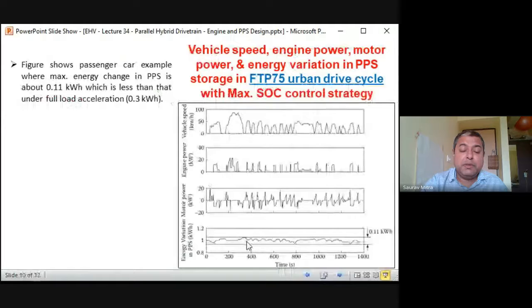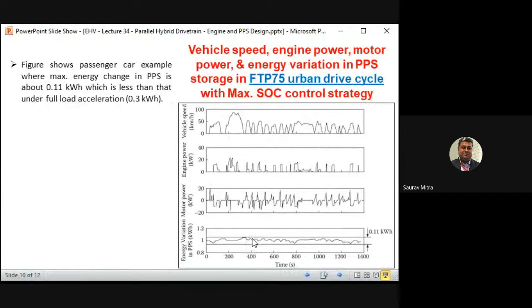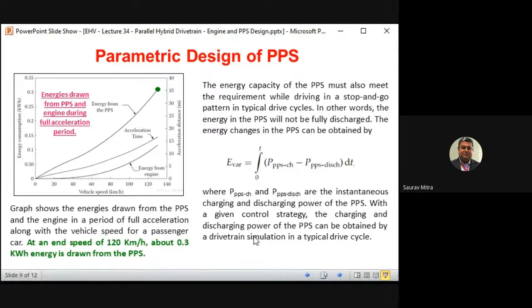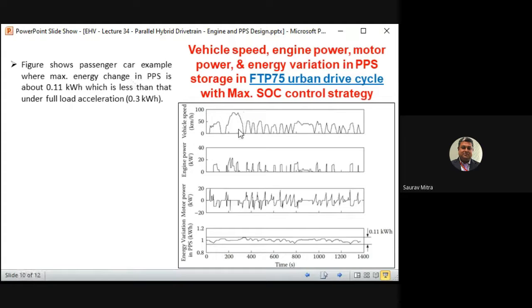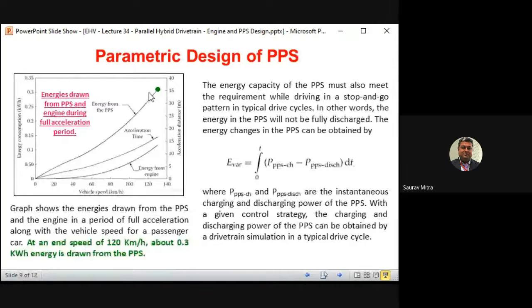But whenever the vehicle is in a stop-go kind of a thing, there is a difference between this case and the next case. The next case is the vehicle in the city, and this case is the vehicle in the acceleration mode. In the acceleration mode the test shows how much maximum this PPS source can supply. So here we are finding it is 0.3 kilowatt hour maximum.